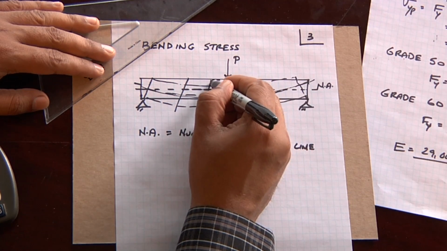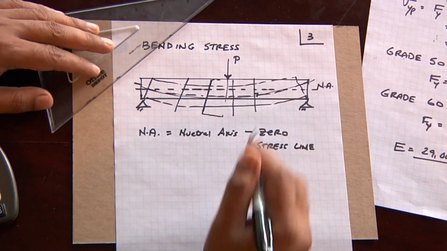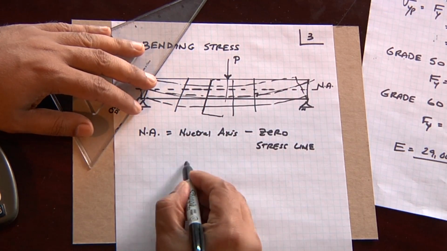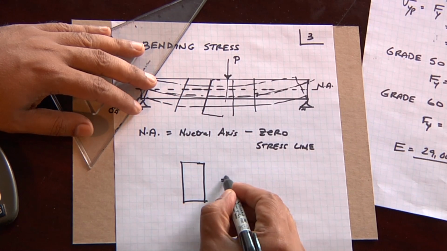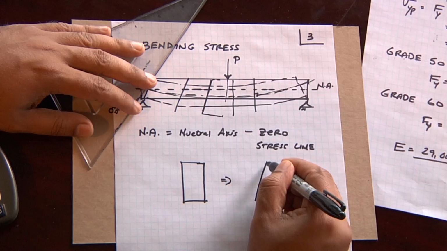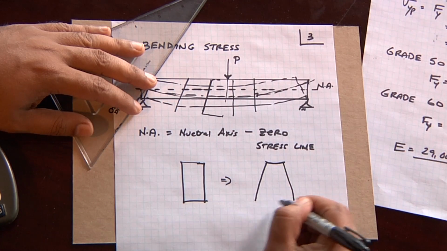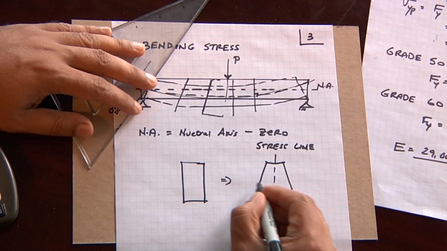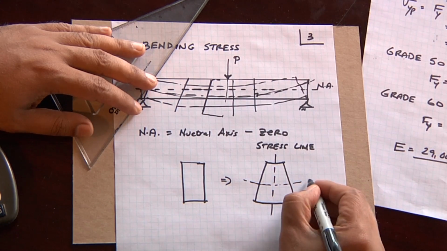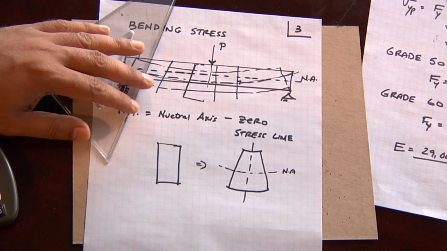If I did a free body diagram inside this section and I cut it out, originally the section was undeformed, now as it goes through deformation, it bends like so, like a pie. And my neutral axis is the zero stress zone.